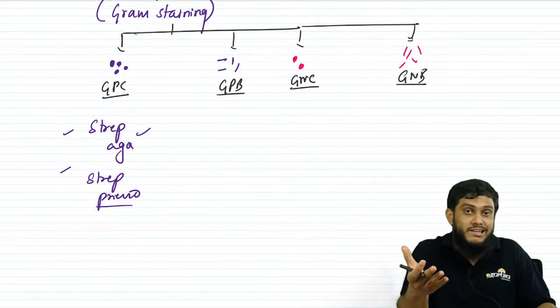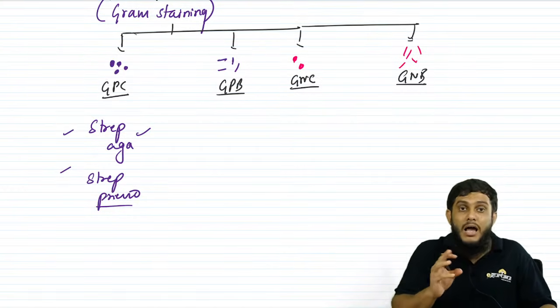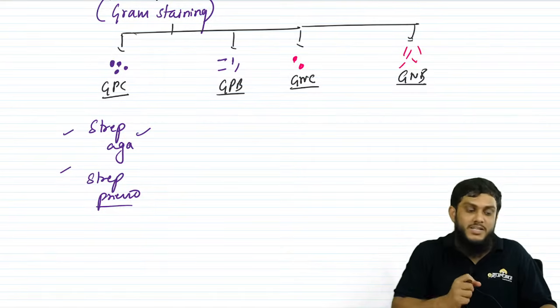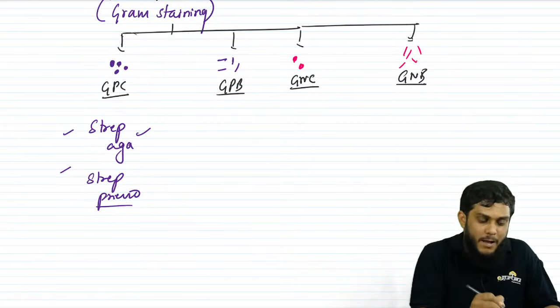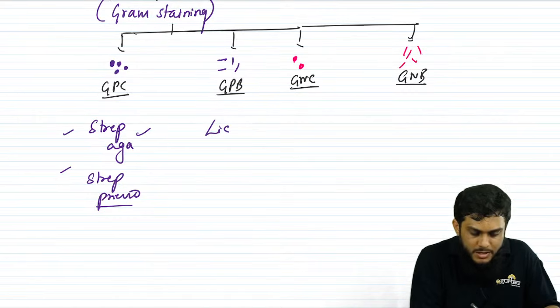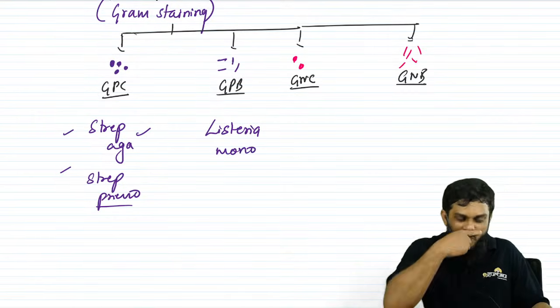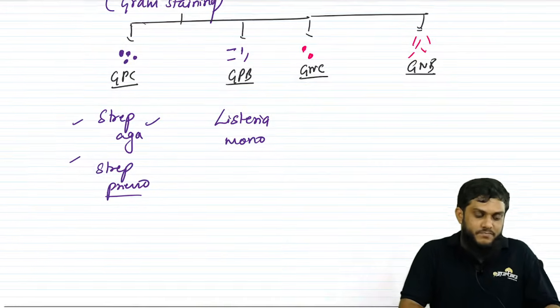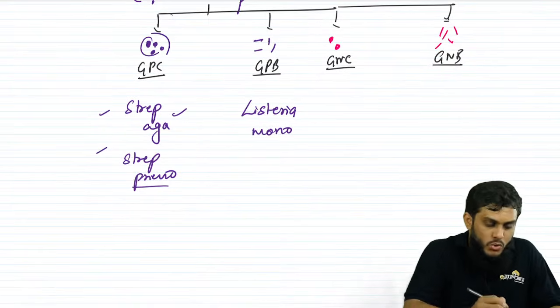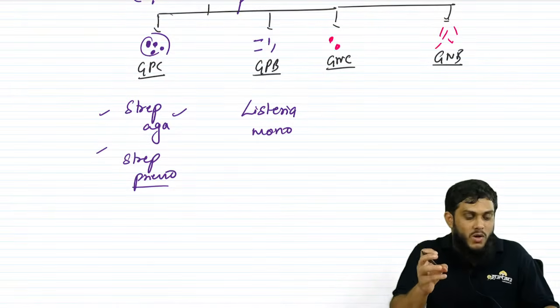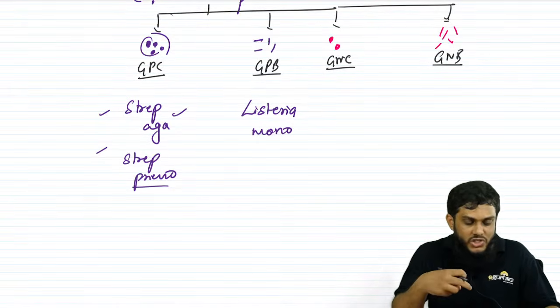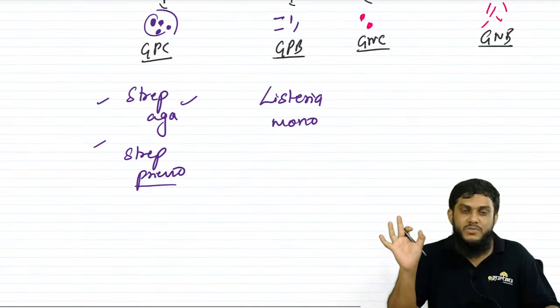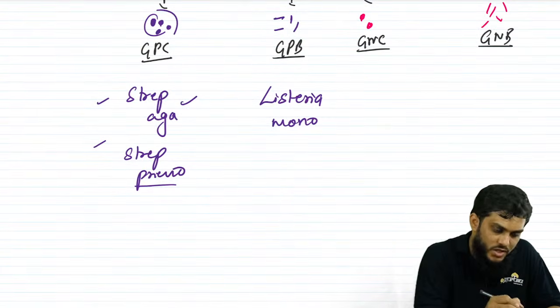We have to combine the clinical manifestations and also the laboratory findings. Now if you see gram-positive bacilli, the most common cause is Listeria monocytogenes. Yeah, one more thing. When we see gram-positive cocci, violet color cocci, then we can think of Streptococcus agalactiae or Streptococcus pneumoniae. There is no doubt in that.